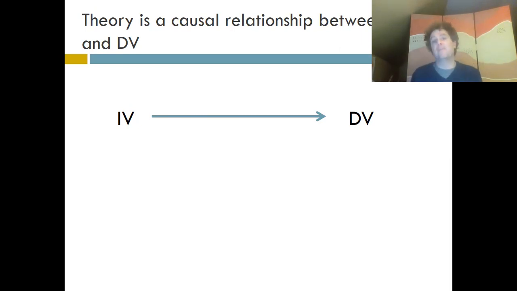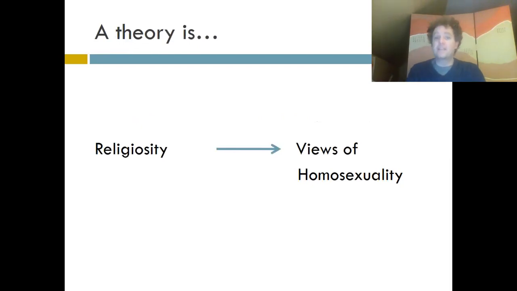What might make them believe that it's always wrong versus not wrong at all? So we think, maybe religion. And so that is our theory: the more religious somebody is, the more it will affect their views of homosexuality.